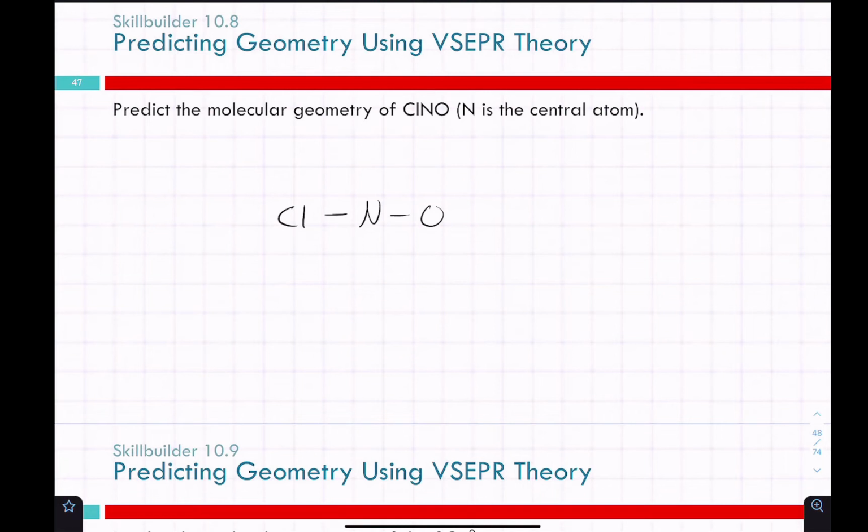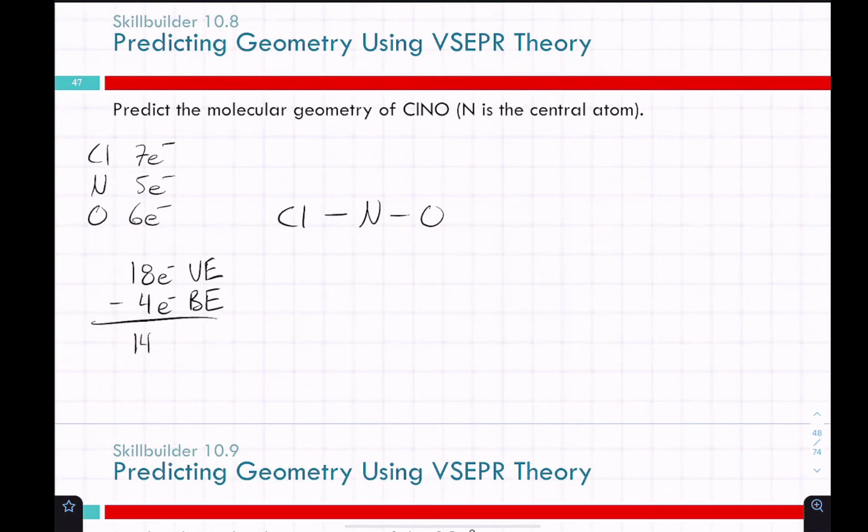Chlorine has 7 electrons. Nitrogen has 5 electrons. Oxygen has 6 electrons. So it's a total of 18. There's 2 bonds, 4 total electrons for that. 14 equals the remaining electrons.